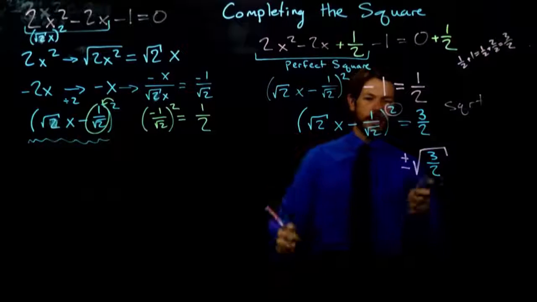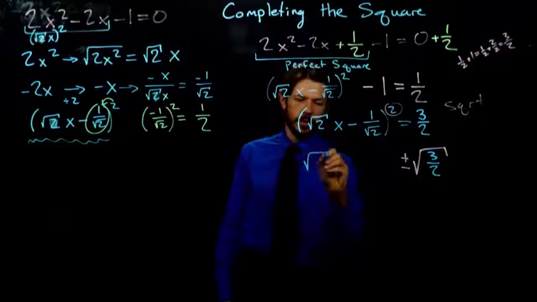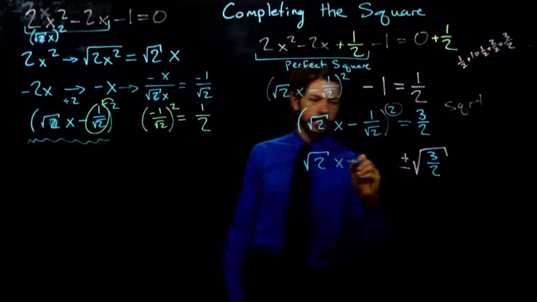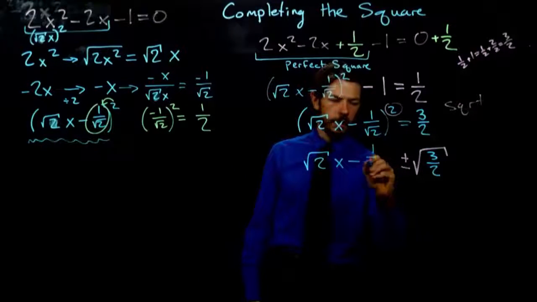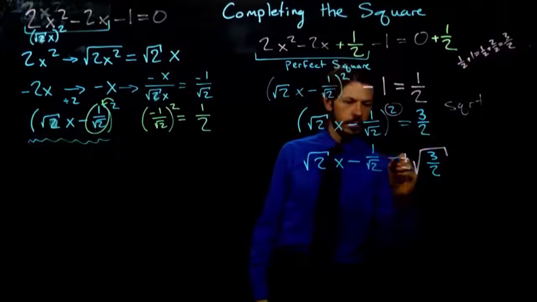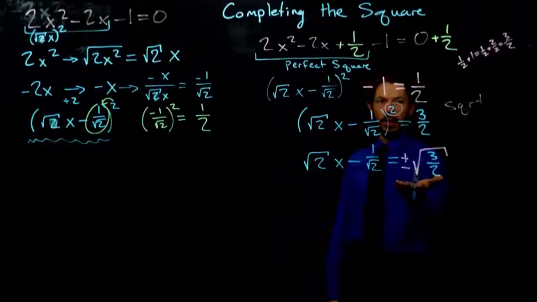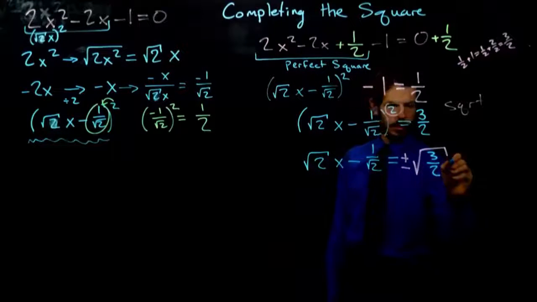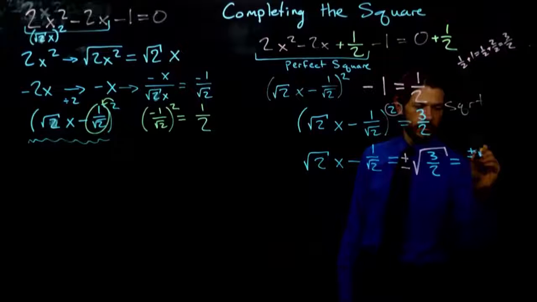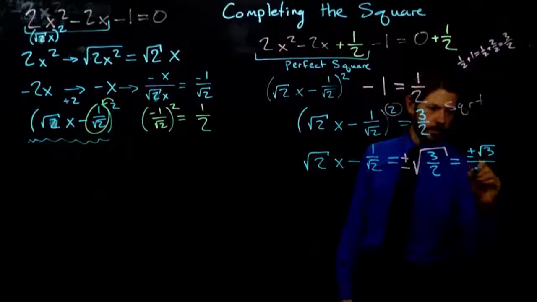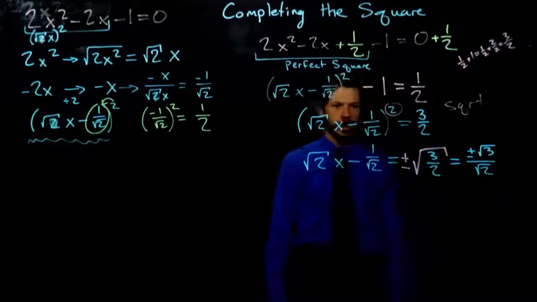On our left-hand side here, this is the square root of 2x minus 1 over the square root of 2. And then on our right-hand side, we have plus or minus the square root of the quantity 3 over 2, which is, you know what, plus or minus the square root of 3 over the square root of 2. I like that better.